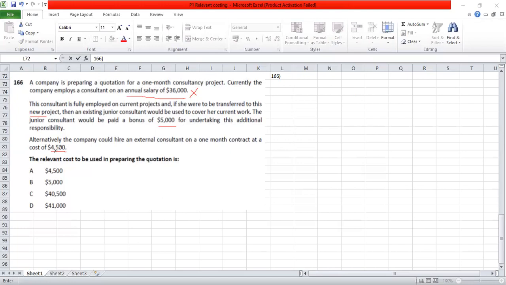Which one is better? Moving the present consultant or appointing an external consultant? The decision would be whichever way they save cost, that is the appropriate one. Where would they be saving the cost? They would be saving cost if they appoint an external consultant, isn't it? So the relevant cost will be 4,500.